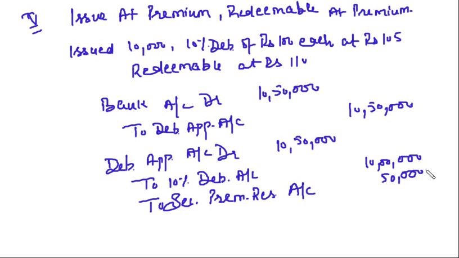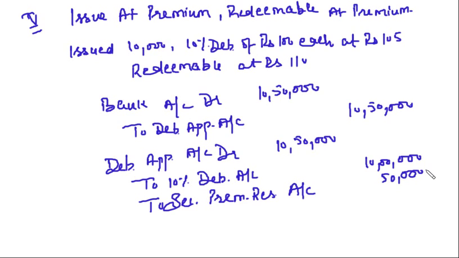Now, what you have done is you have taken 105 rupees, and in the future at the time of redemption you are going to give them 110 rupees. Isn't it a loss? Yes, again it is a loss. Now what is the amount of loss? You will say, sir, 5 rupees, because we have taken 105 and we are giving them 110. Actually it is not a 5 rupee loss, it is a 10 rupee loss.